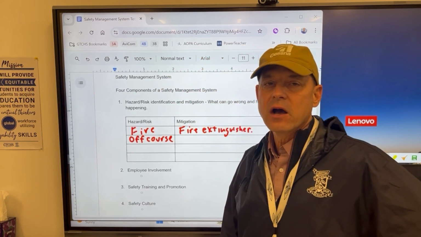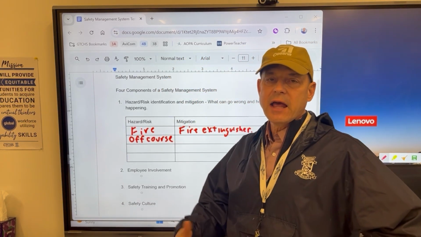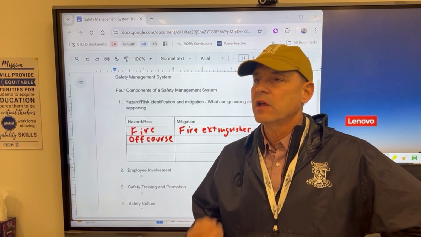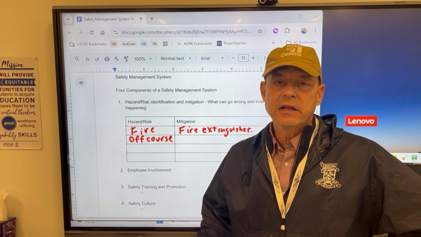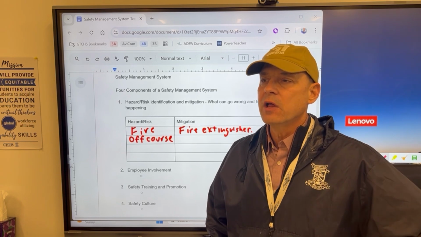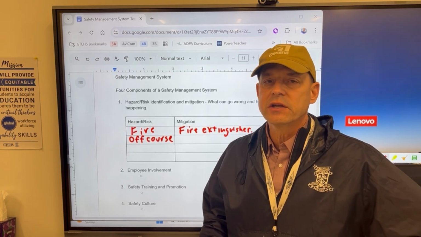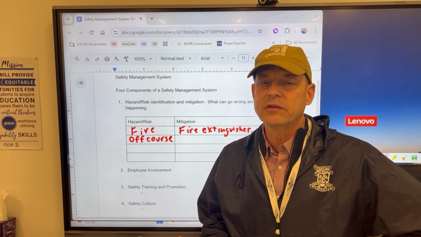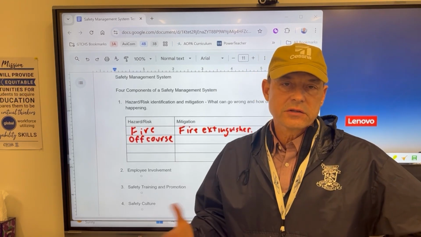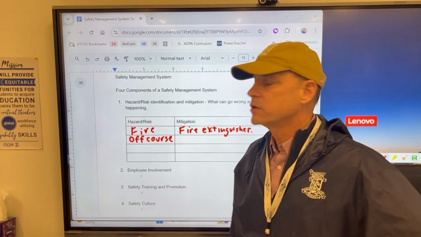This is going to be flying off course due to the fact that for some reason the design is inherently unstable, or maybe during the forces of launch it knocked off one of the stabilizing fins and it just started to go the wrong direction.